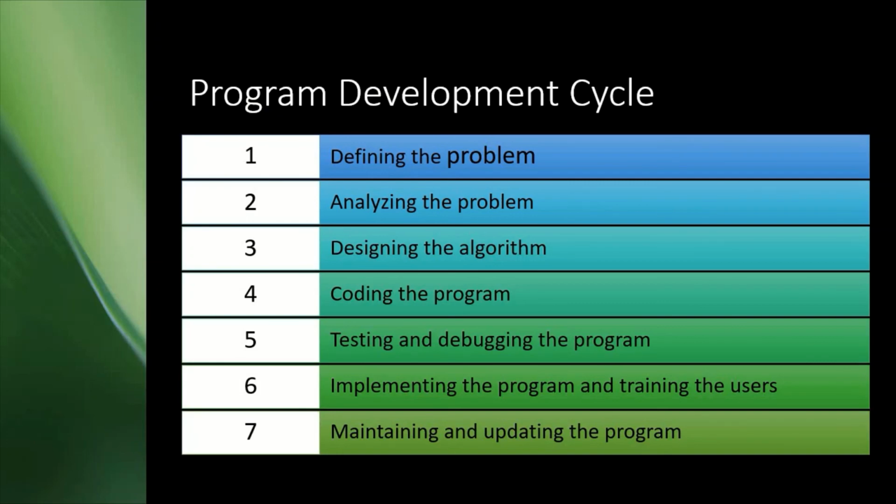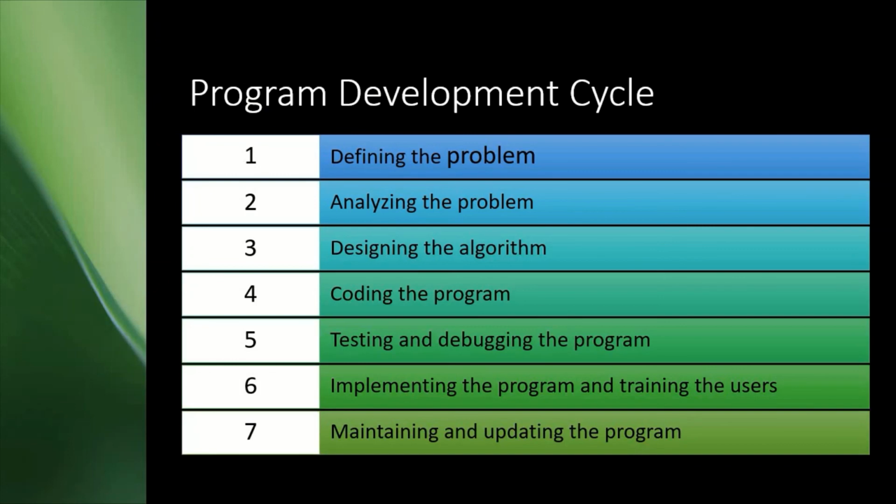Now it is changed to 75%. So all such changes in the future must be done in the existing program and it is updated. So these are all the steps involved in the program development cycle.